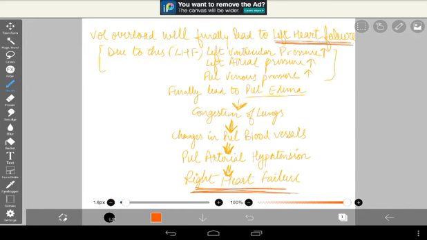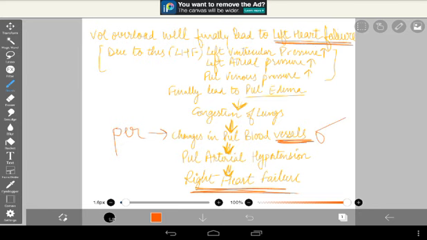We have studied all this in detail in the left heart failure topic. Due to the congestion of the lungs, some permanent changes occur in the pulmonary blood vessels.